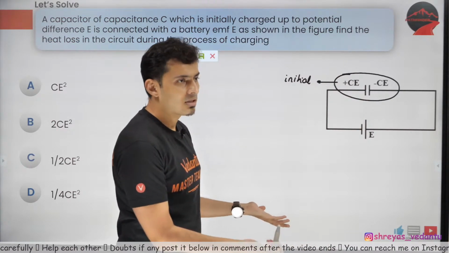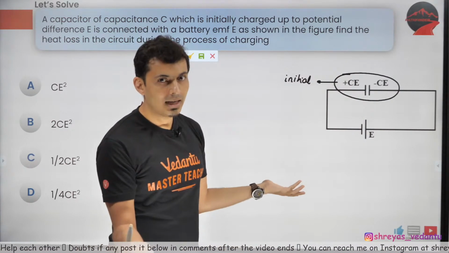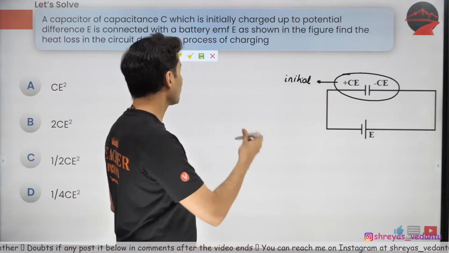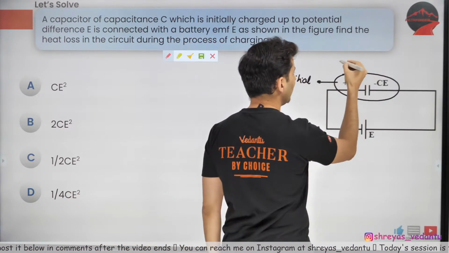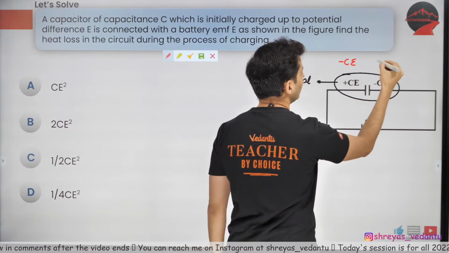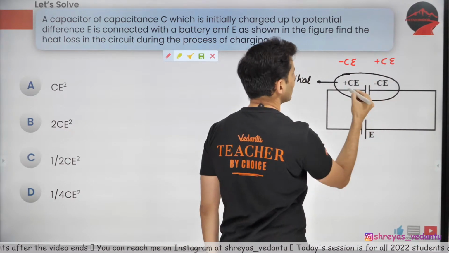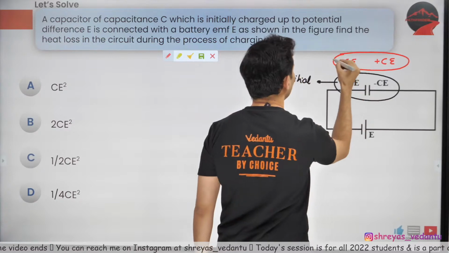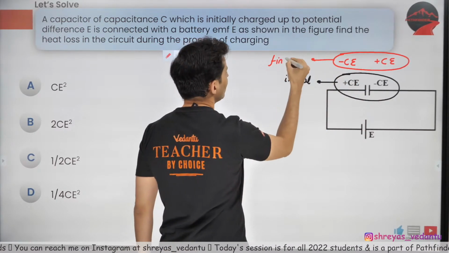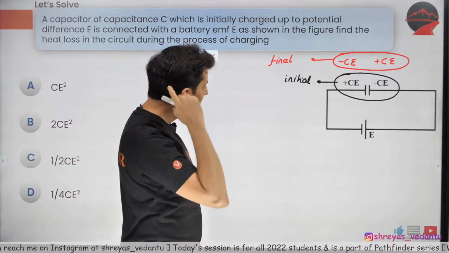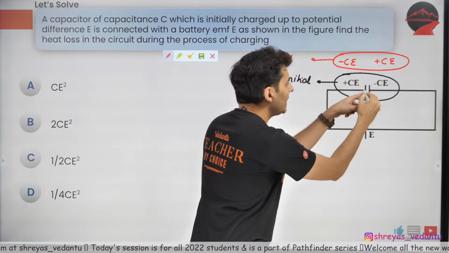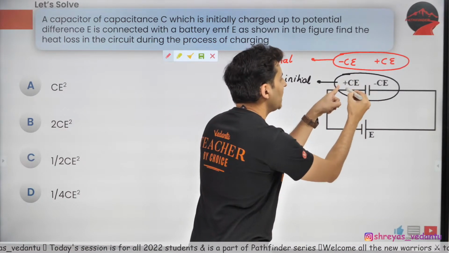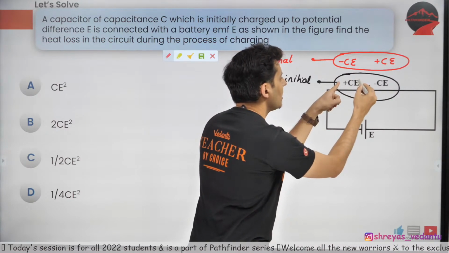And what is the charge? Charge is C. Correct? Charge will be C into voltage. So the final situation will be where this plate will be minus CE charge and this plate will be plus CE charge. So this will be the final situation. Now think this way. Look at this plate. There was plus CE charge.